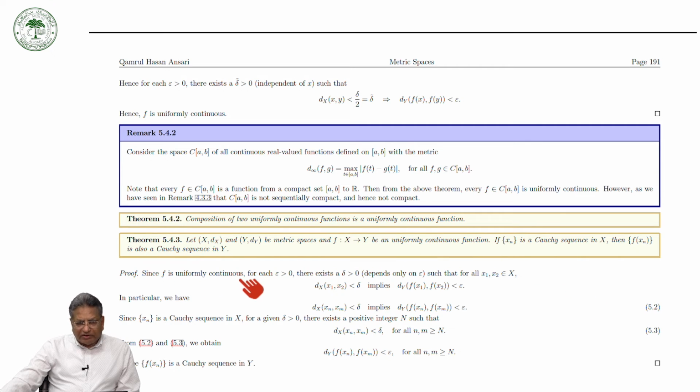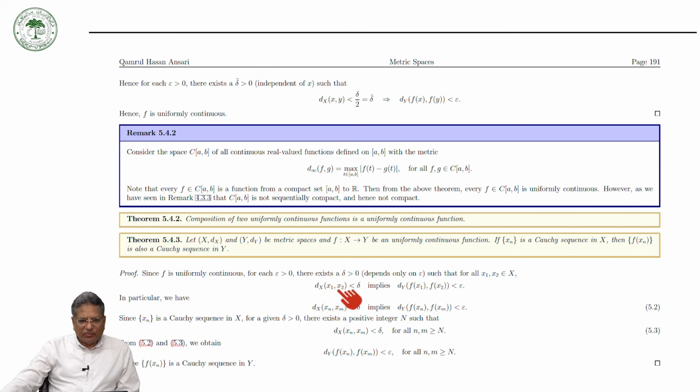is uniformly continuous. So for each epsilon positive there exists delta positive depending only on epsilon, such that for all x1, x2 in X, the distance between x1 and x2 less than delta implies that the distance between f of x1 and f of x2 is less than epsilon.